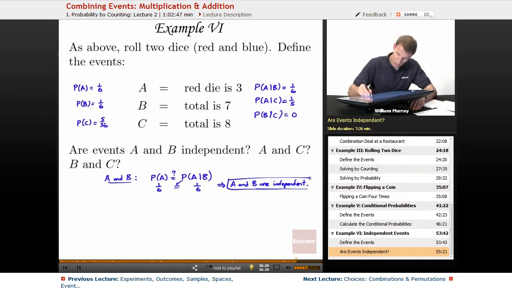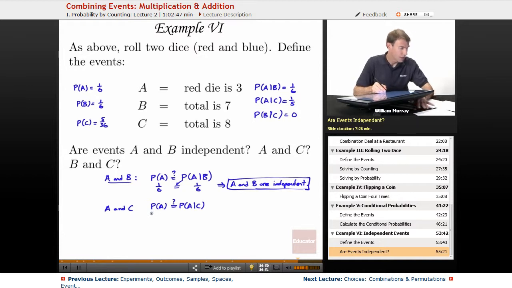Let's look at some of the others. What about A and C? We're going to look at A and C. So let's calculate the probability of A, and we'll check whether it's equal to the probability of A given C. So the probability of A is 1/6. Got that up above. Is that equal to the probability of A given C, 1/5?